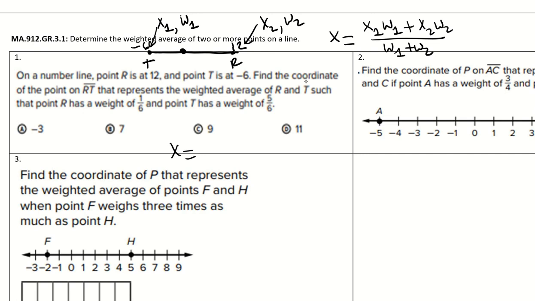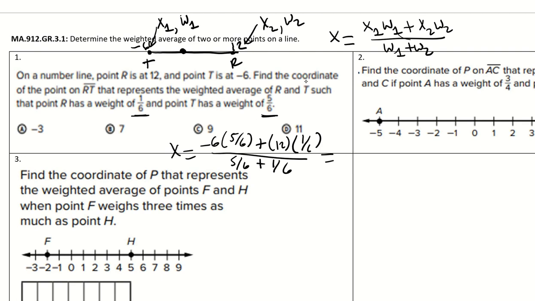X is equal to x1 is -6. That's the x coordinate of t. Times w1 is the weight of t, which is 5/6. Plus x2 is the coordinate for r, which is 12. And then w2 is the weight of r. The weight of r is 1/6. Over w1 plus w2.